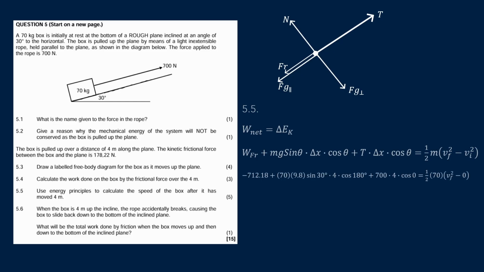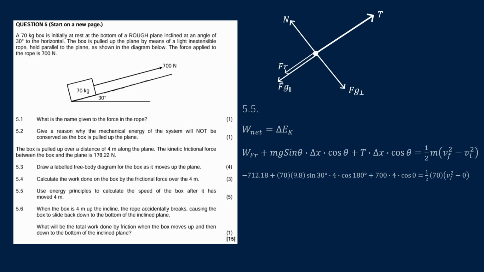Substituting in all the values for the above forces, I get negative 712.88 plus 70 times 9.8 times sin 30 multiplied by 4 multiplied by cos of 180 degrees plus 700 multiplied by 4 multiplied by cos of 0. And they are all equal to half of 70 Vf squared minus 0. This is because the initial velocity of the box is 0, since we are told that the box starts at rest, and we'll be calculating for Vf.